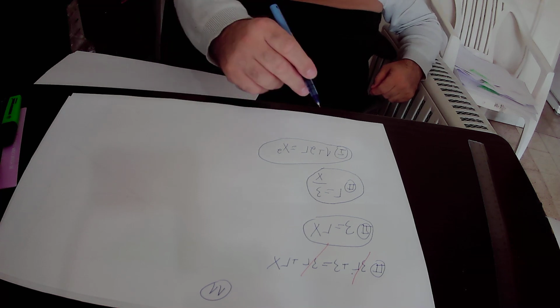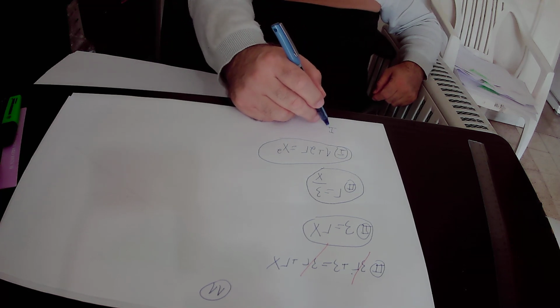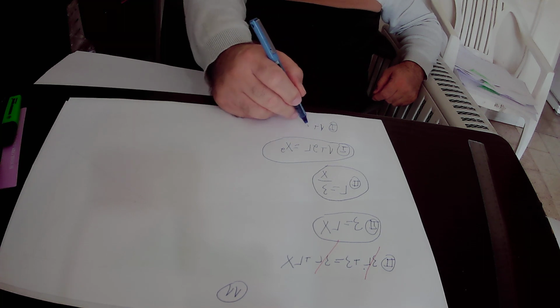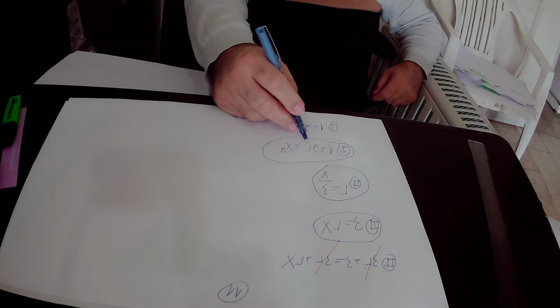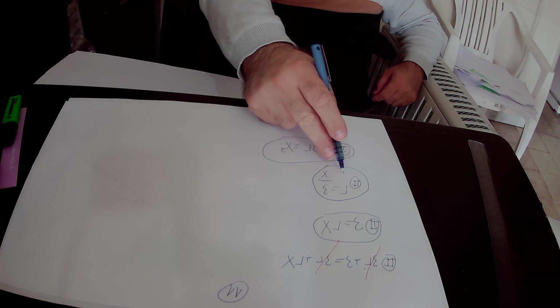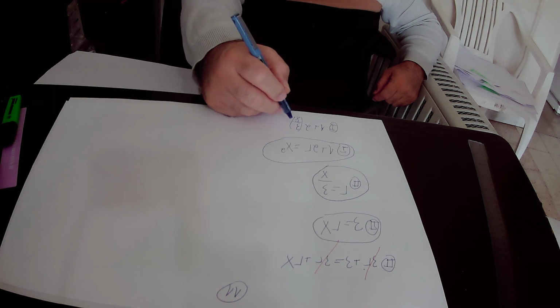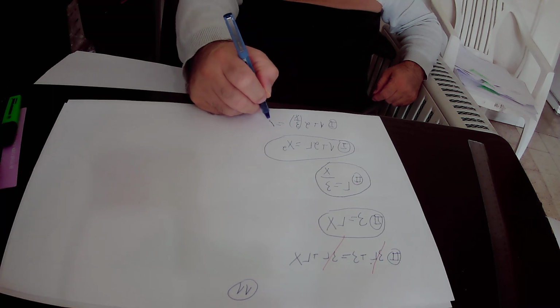Okay, so we will do it now. 1 plus 2r, and r equals 3 over x, equals x squared.